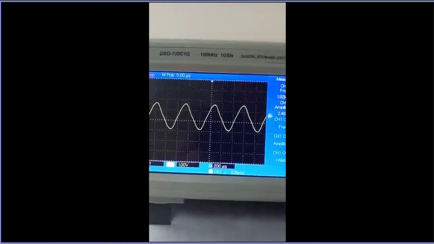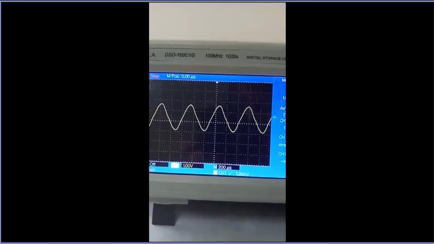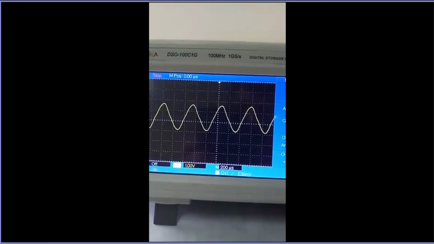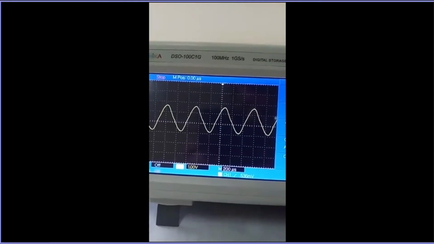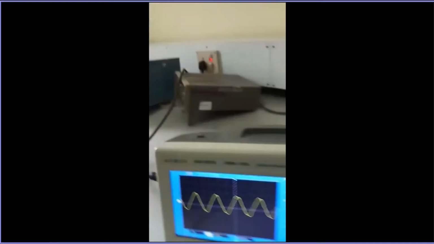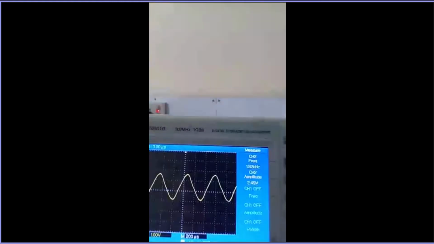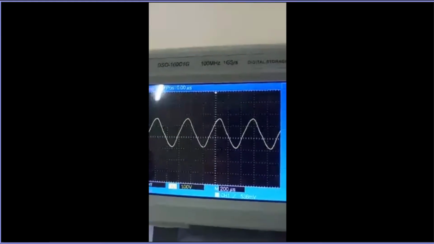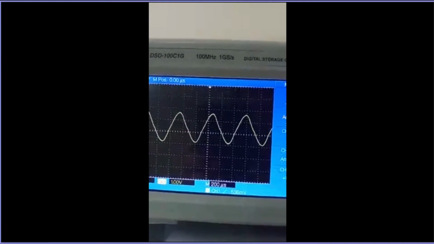So we have successfully reconstructed our signal back from the discrete signal because it has satisfied the Nyquist criteria. And this is what is shown in the manual. We have got a better reading because here the sinusoidal signal is not so clear, but we have got a better reading here. So please have a snapshot of this, all of you.